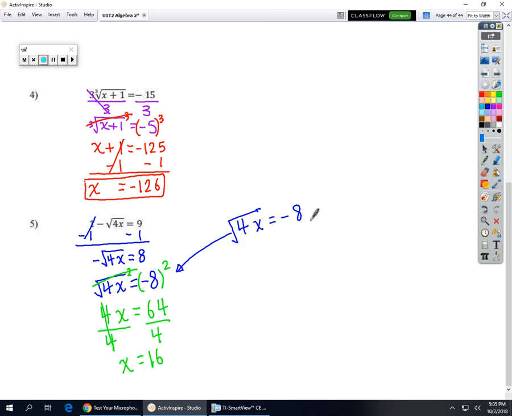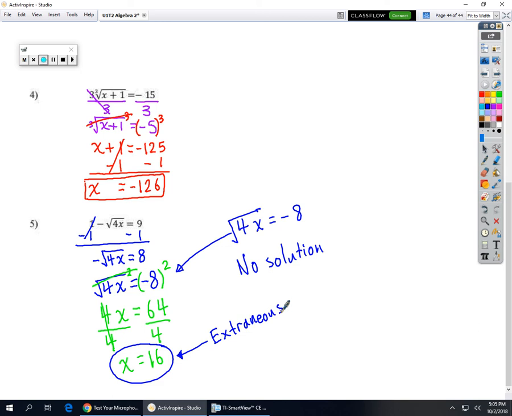Remember, this is a no-no. If I have something in a square root equaling a negative number, I know that there should be no solution. So this is actually a no solution problem. And since this is no solution, that means x equals 16 is an extraneous solution. Let's just write that word, extraneous.